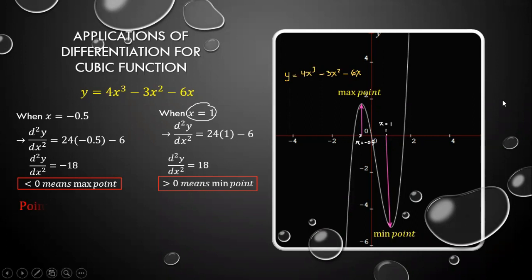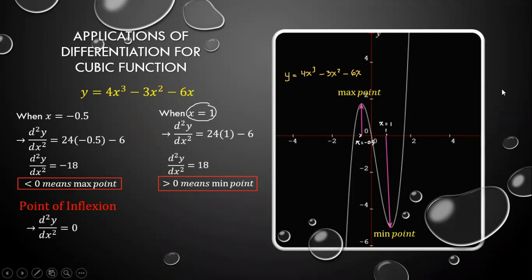Now is the last, point of inflection. Point of inflection is the point where the gradient of the curve stops falling and starts rising, or vice versa.